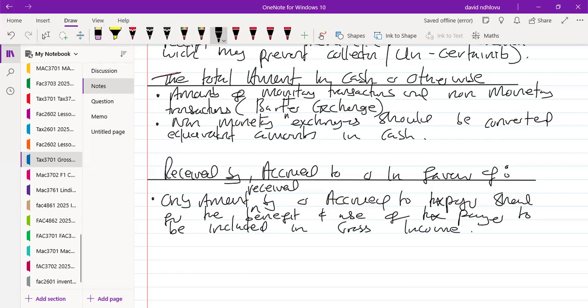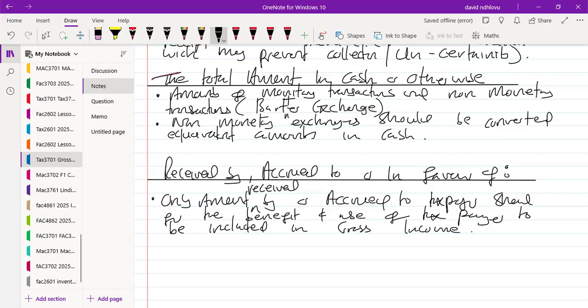You are in charge of a minor, and the minor earns income, but it is released in your trust. Of course, you receive the amount, but it's not yours. It is in the favor of the minor. So if there are systems to tax the minor, then it will be taxed in the hands of the minor. Maybe the minor is the beneficiary of a trust. So the trust will be taxed, not you. It can't go into your gross income.